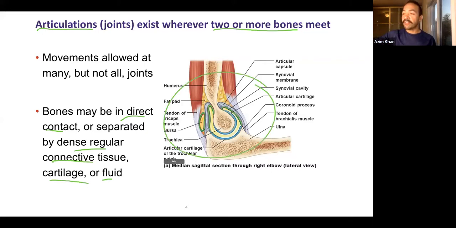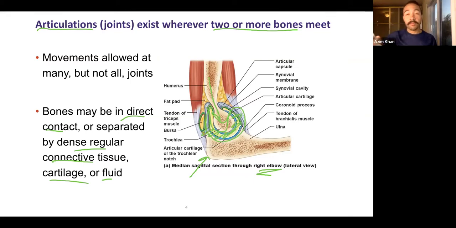Pictured here is the elbow. There's a generic joint later. We're looking at the right elbow. You can see the olecranon process of the ulna. Here's the trochlea of the humerus. And then there's a space in between, and that space has synovial fluid. It's a joint capsule.